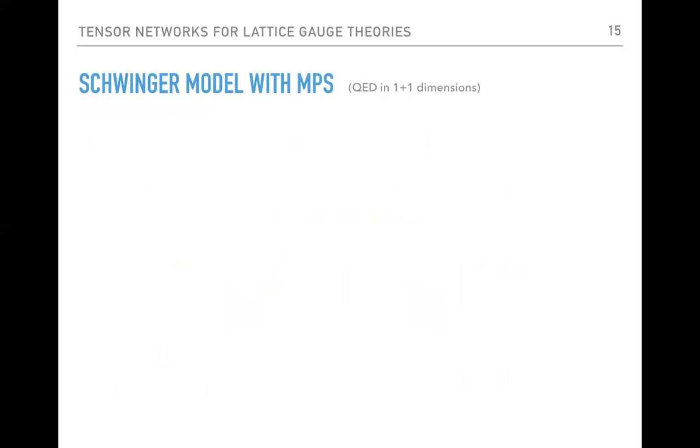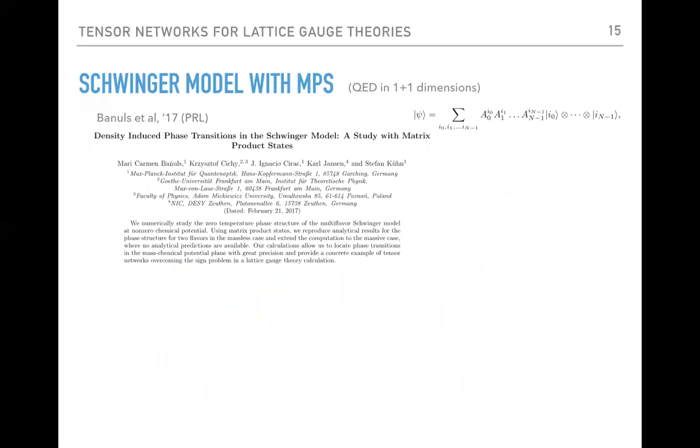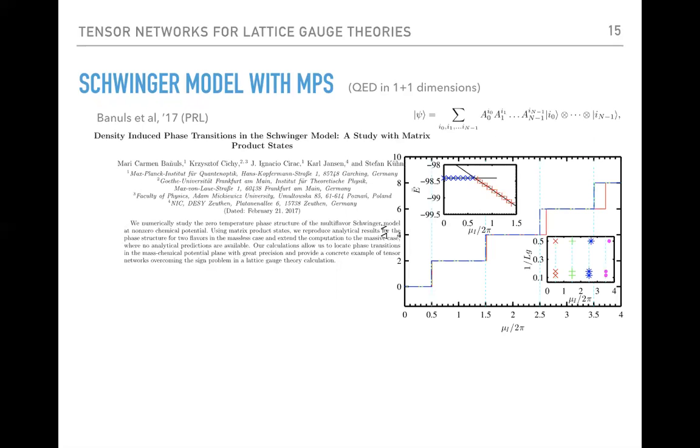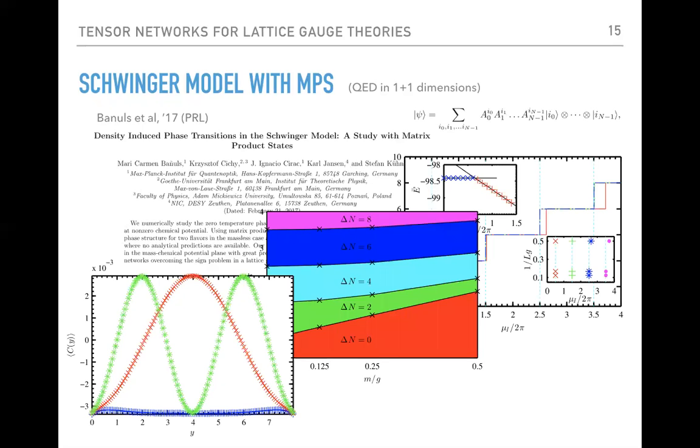And people did that. About 3 years ago, Mari Carmen Bañuls, with whom I also work here at MPQ, and her collaborators made this approach work, and they simulated the Schwinger model in 1+1 dimensions with an MPS ansatz. I don't want to go into a lot of details; if there are questions, I can answer them.